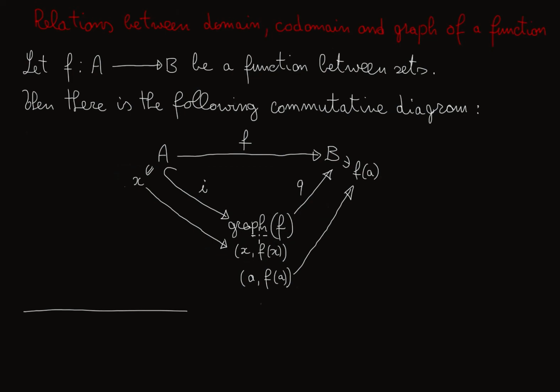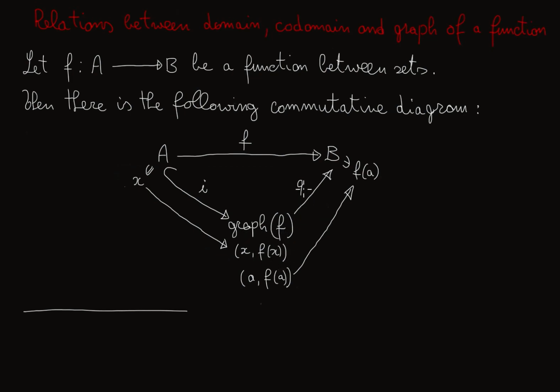Remember that all the elements of the graph of f are of the form an element of the domain, comma, the image of that element in the codomain.